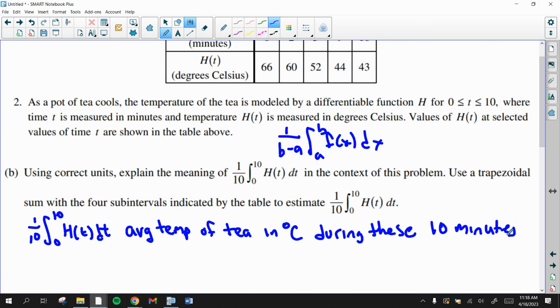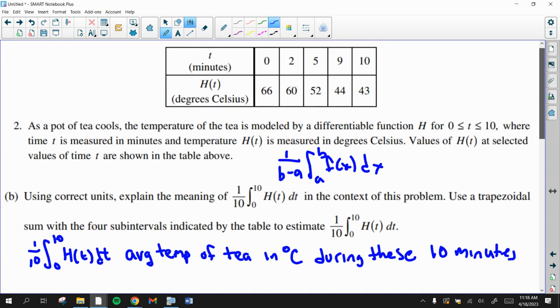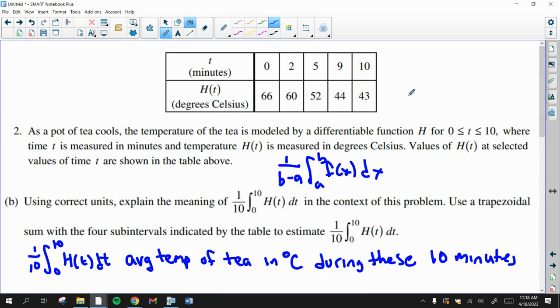Now we need to use a trapezoidal sum with 4 subintervals to estimate this. So with a trapezoidal sum, all we're going to do is create 4 trapezoids out of this data.